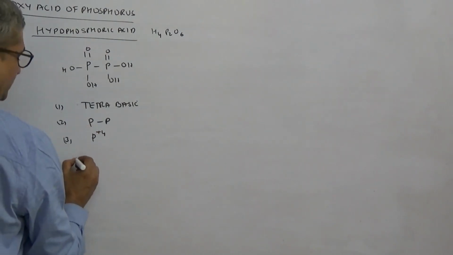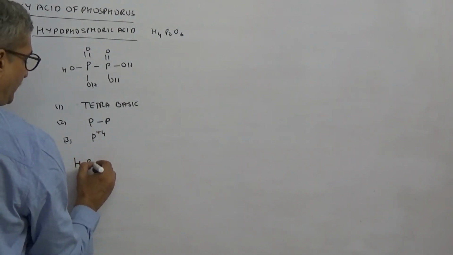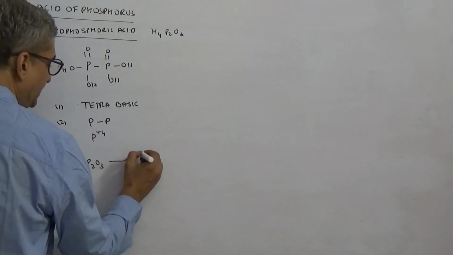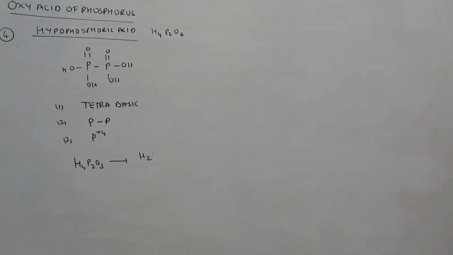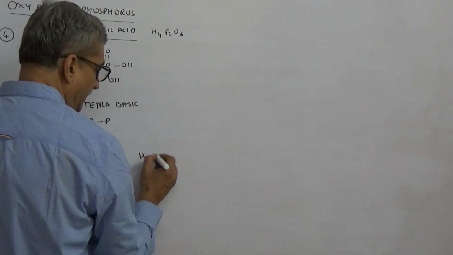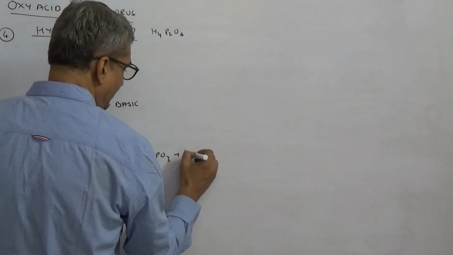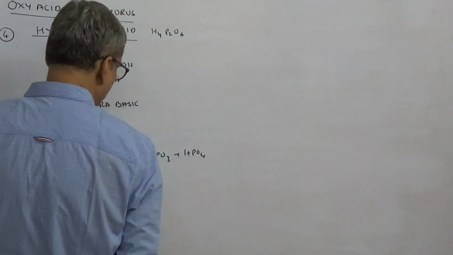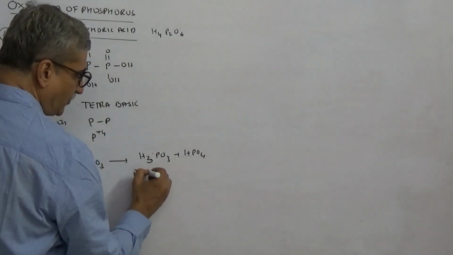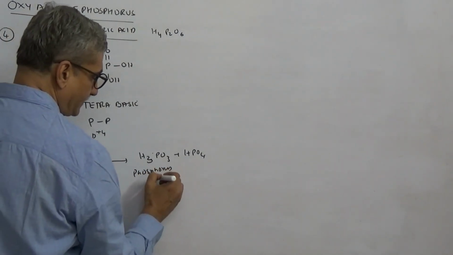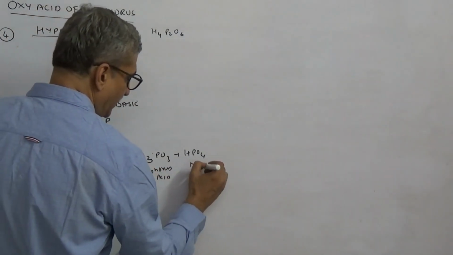Very interesting thing about this acid is H4P2O6 can easily decompose to form H3PO3 and HPO3. So this will form phosphorus acid and metaphosphoric acid.